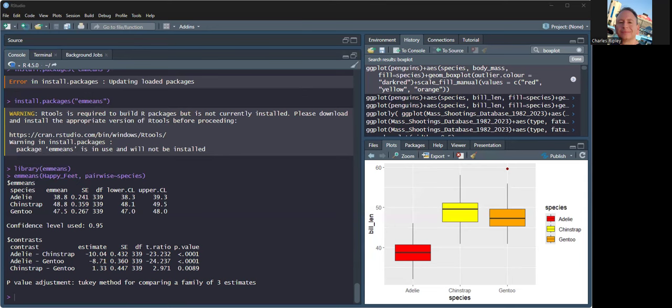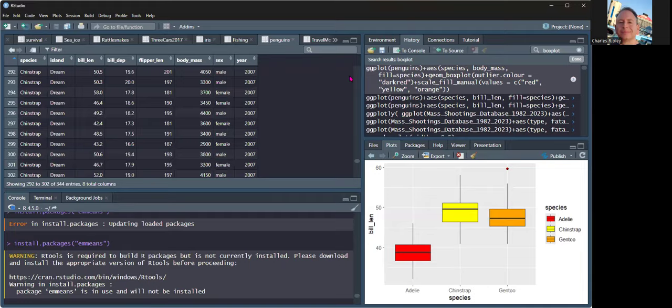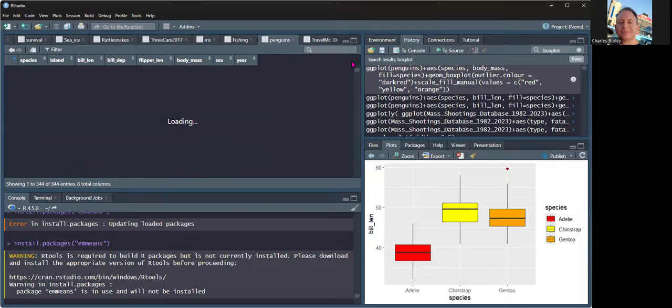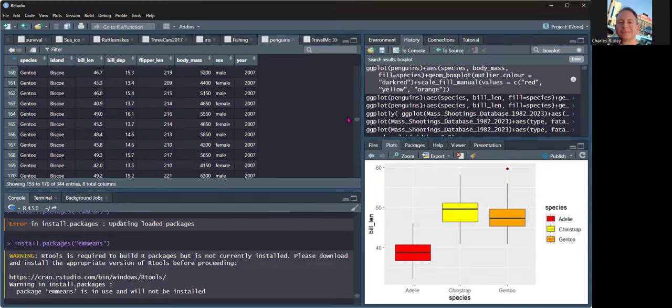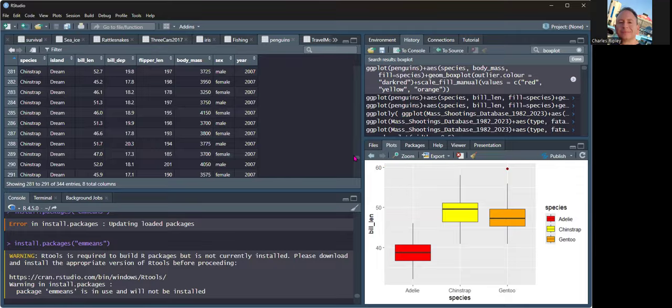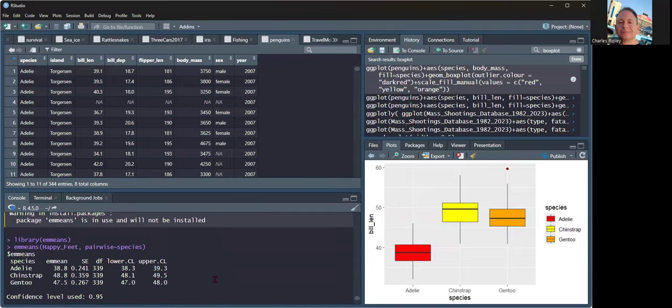So if you go back here, you see this is our species, the 3: Adelie, Gentoo, and Chinstrap, and you're comparing these to see which one is more likely to have a bigger bill, its beak length. We can do flipper length, we can do body mass, etc. And these are the results with the means.